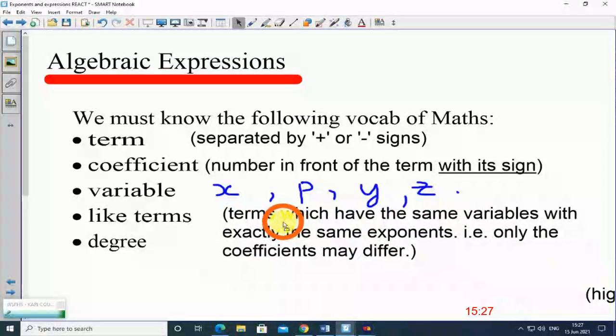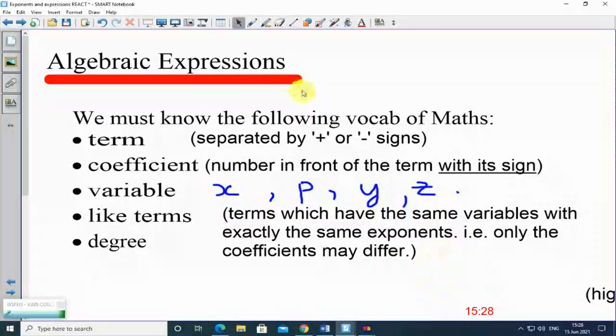I'll give you some examples of like terms just now. So, like terms are two or more terms that have the same variables with exactly the same exponents. So, every bit of them, algebraically, is the same. All the algebra bit, all the x, all the y, all the squares, all the powers, the exponents on the algebra is exactly the same. And the only thing that differs is the coefficient. Those are like terms. Right.